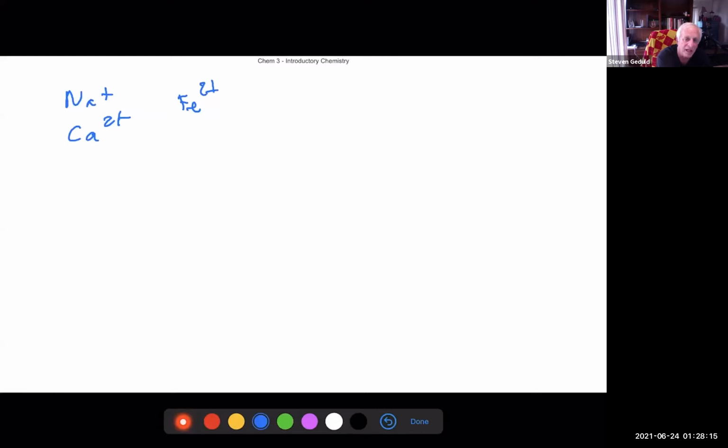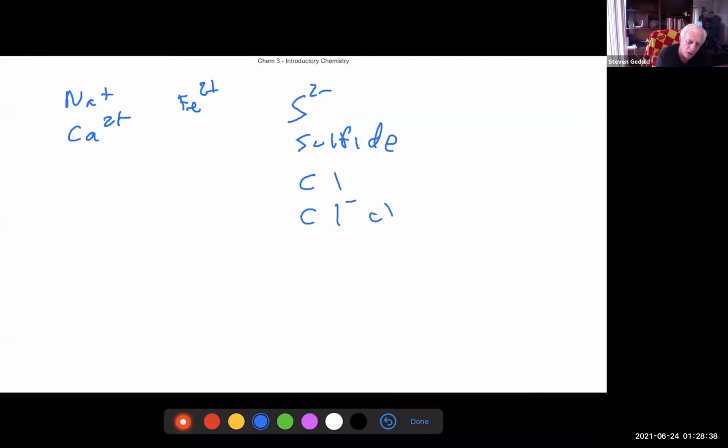Now, when you have an anion, you change the name. On the periodic table, S is sulfur, right? You drop the ending and add -ide when it's an ion, so that becomes sulfide. Chlorine, Cl, becomes chloride.